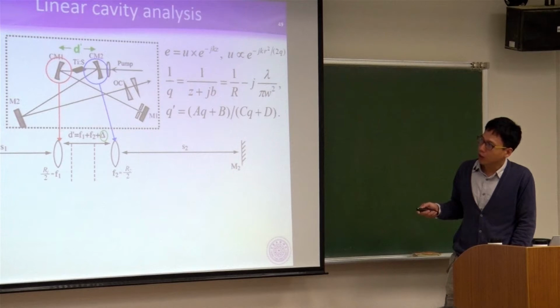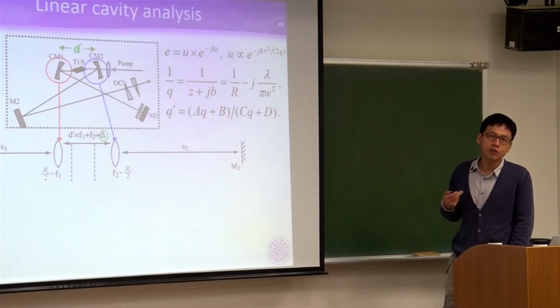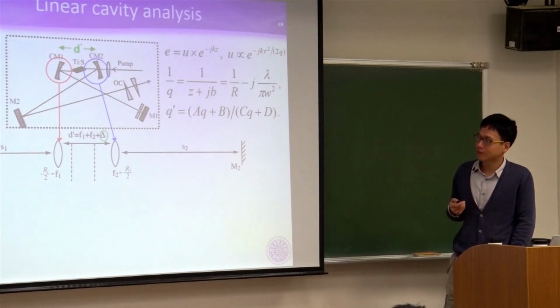So in this way, you unfold the original cavity to a linear cavity. The reason is convenience for analysis. And the separation between the two equivalent lenses is still d prime, which is redefined as f1 plus f2 plus a detuning distance, big delta.